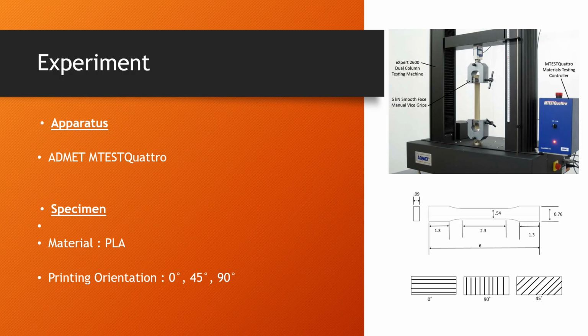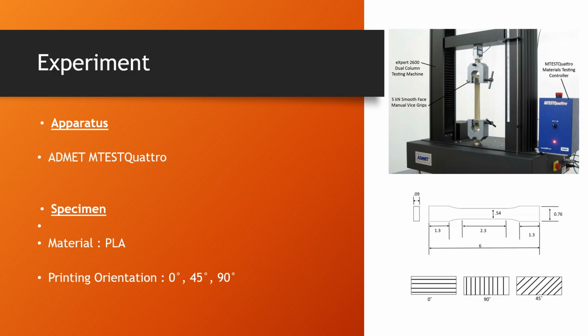We're going to use an Admet MTest Quattro tensile testing machine to pull the specimen with tensile force, see the fracture, and get the stress and strain curve. The 3 specimens are going to be 3D printed using PLA. The print orientation is going to be 0 degree, 45 degree, and 90 degree.